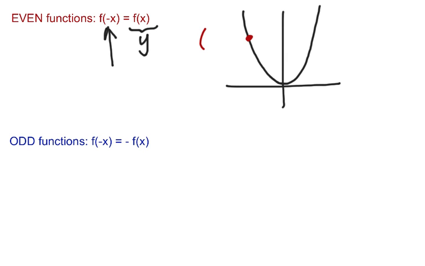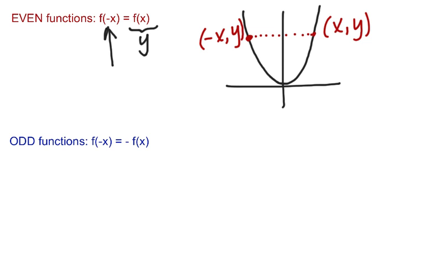So say my negative x is part of this coordinate. And then what I'm getting out is a y value, which would be the same y value as if I had put in a positive x value. So inputting a negative x gives the same y value as inputting a positive x. That shows that this function is even.